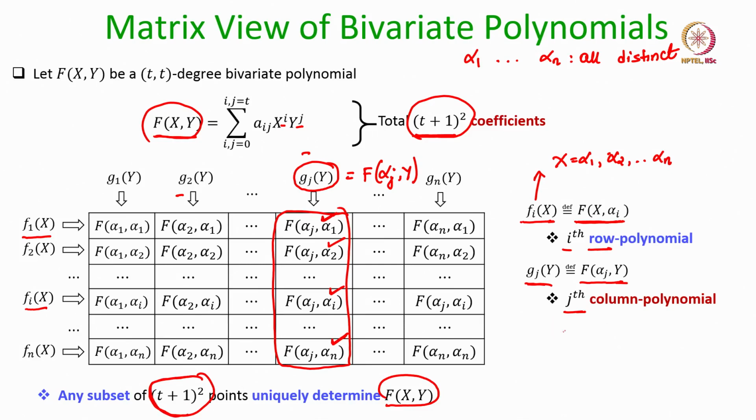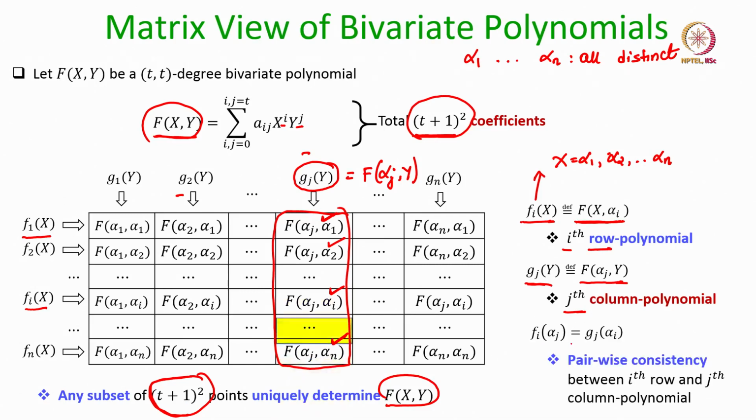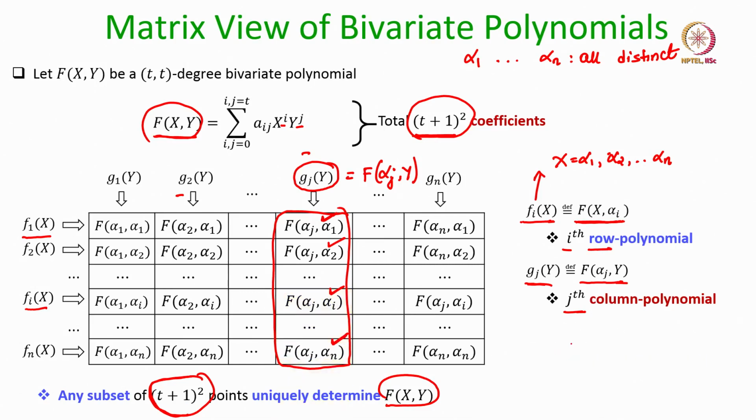The claim is that those points are sufficient to uniquely determine the bivariate polynomial, because using these t plus 1 square distinct points, you can form t plus 1 square equations in the t plus 1 square unknown coefficients. And then by solving a system of linear equations over the finite field, you can find the value of each of these coefficients, and hence the bivariate polynomial.